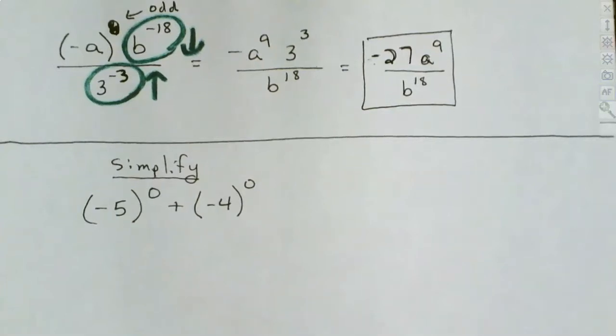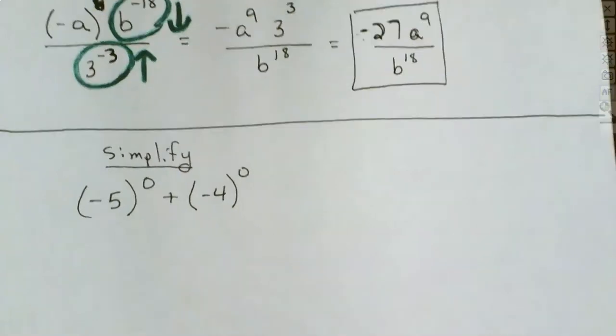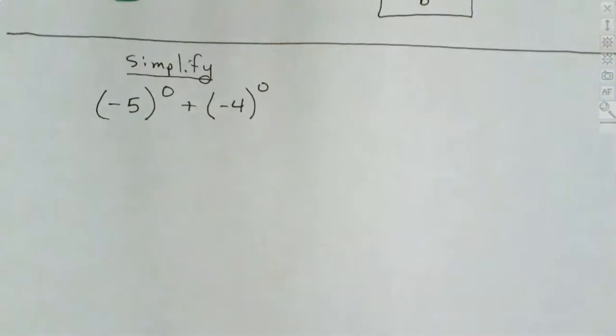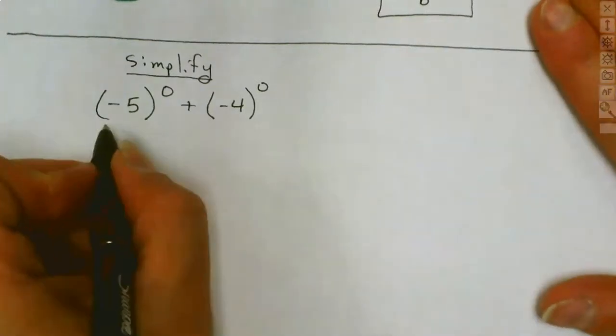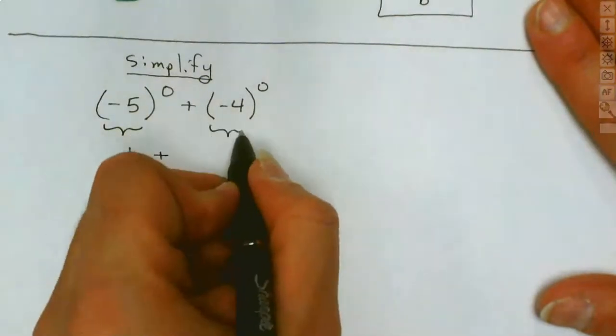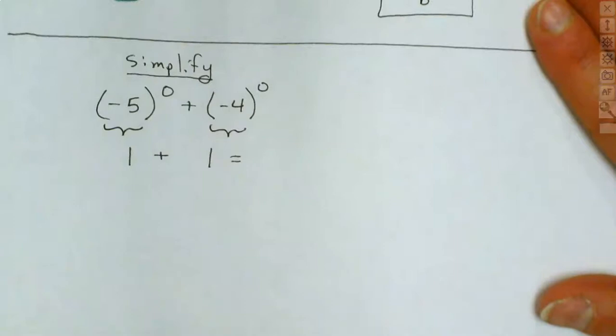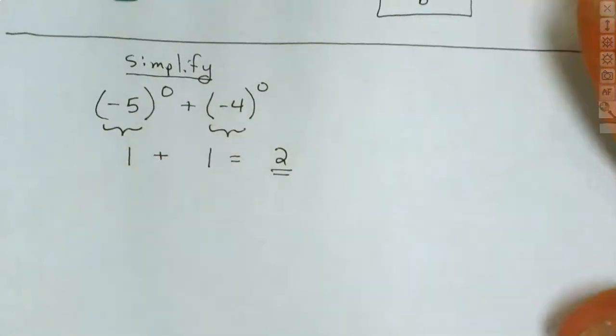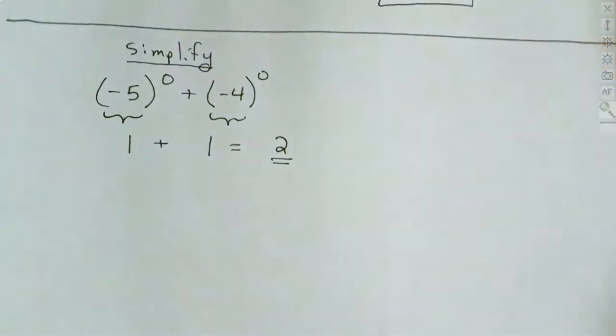This is an easy question. What would this one be? Well, order of operations, exponents go first. What do we know about anything raised to the 0 power? So this is 1, and this is 1 as well. And those add together to give you what? 2. That's all you need to do. Make sure you understand the 0 exponent rule.